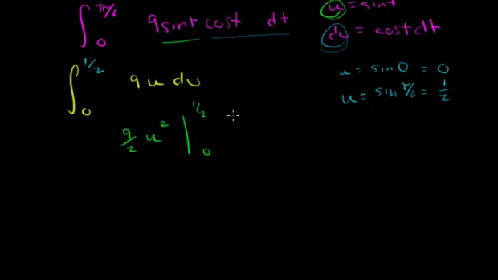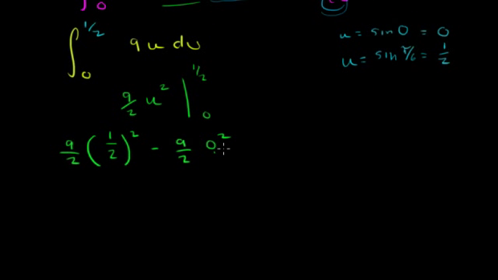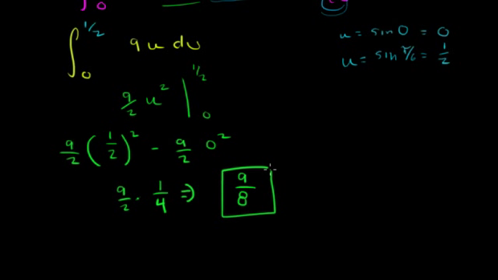That's simple enough: we get 9/2 times 1/2 squared minus 9/2 times 0 squared. And that ends up just being 9/2 times 1/4, or 9/8.